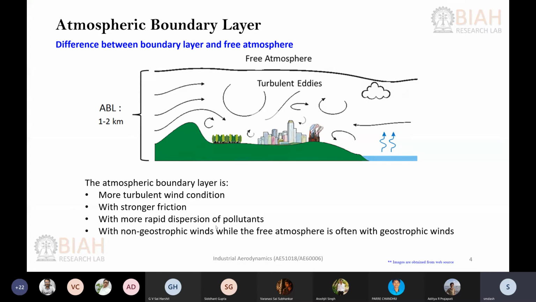Whereas in the free atmosphere, it will just be carried away. There will not be any significant dispersion. The whole pollutant may be carried away by the air. But here you can get a lot of dispersion.